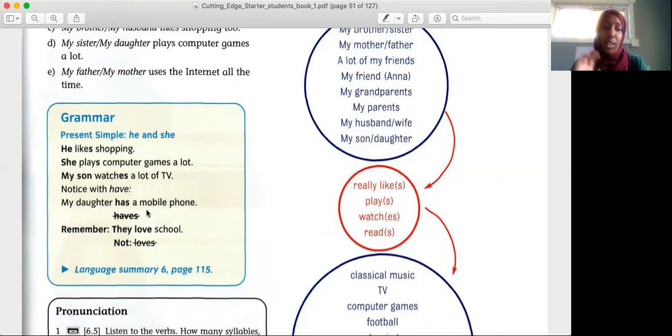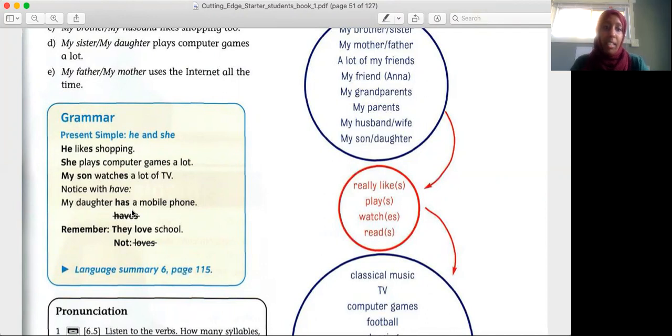You can trace it phonologically, but depending on your group, you don't really have to explain it, because it's not gonna work for every word. And then they love school, not loves.